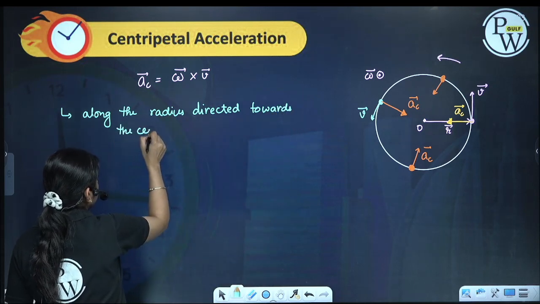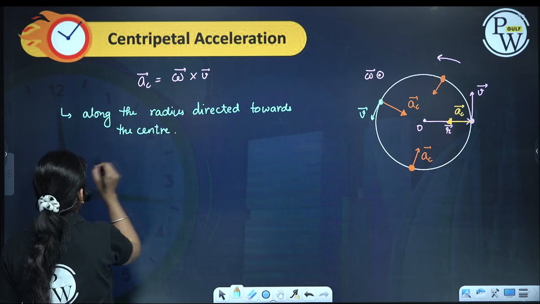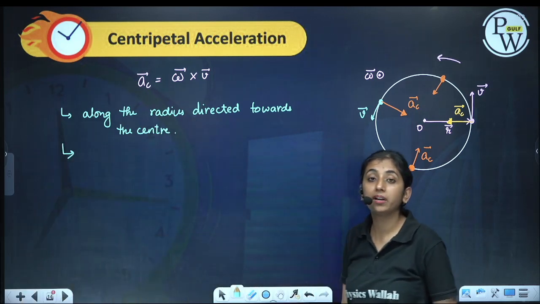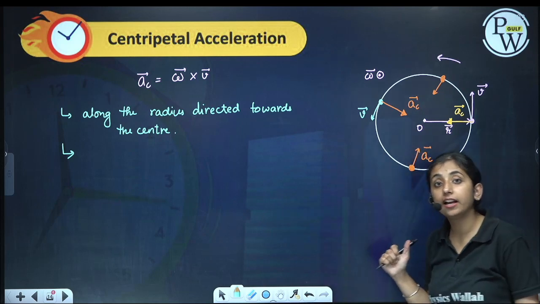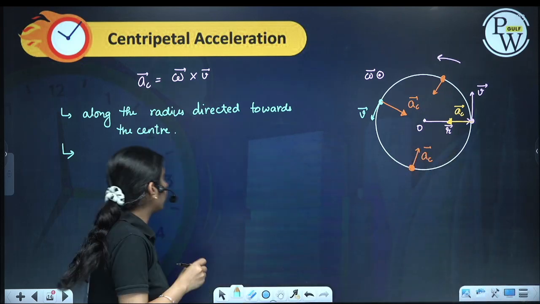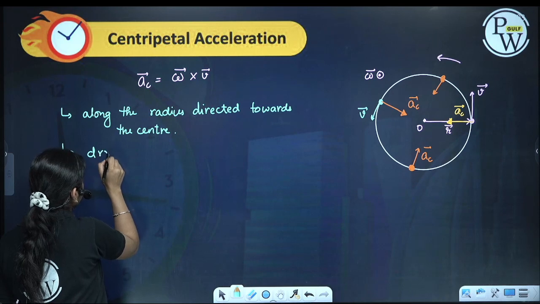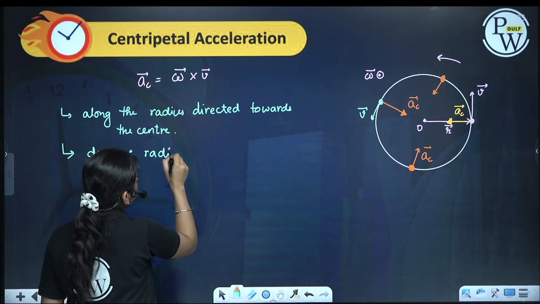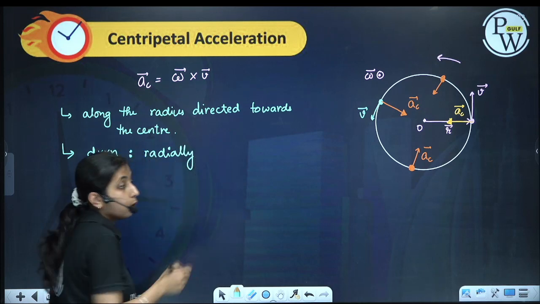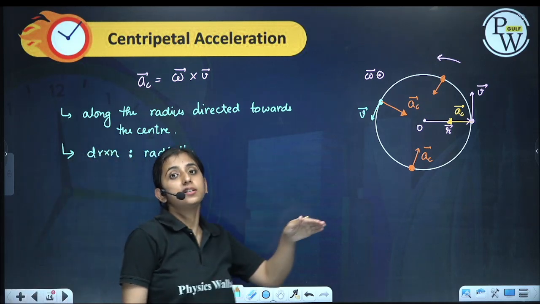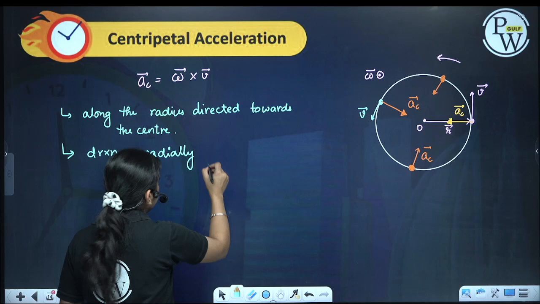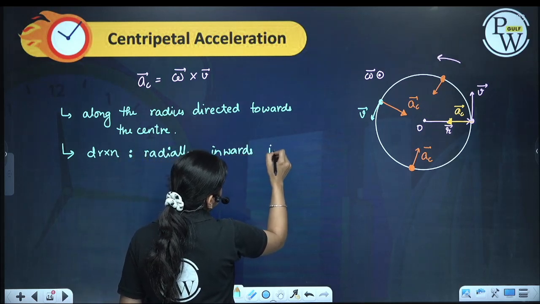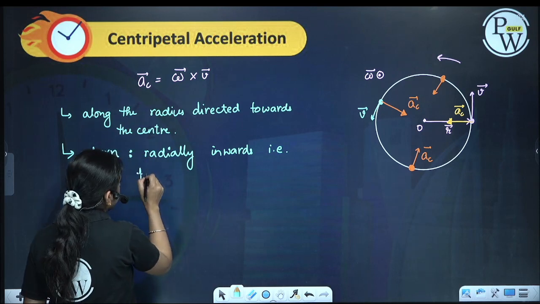So the direction of omega cross V, that is the direction of centripetal acceleration, is radially inwards. That's why we have the name centripetal acceleration, the one which is acting towards the center.